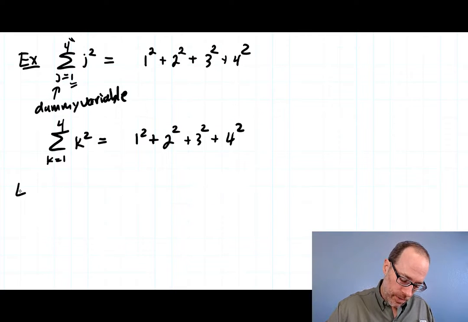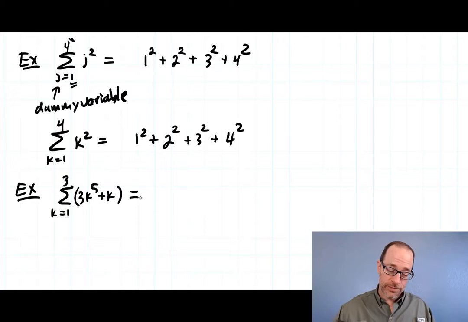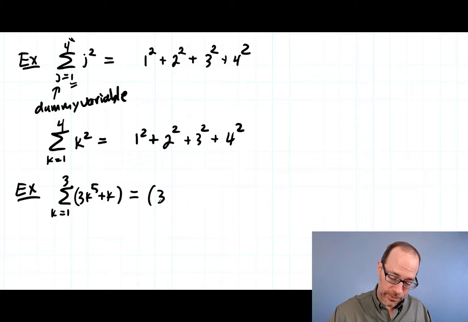Let's do another example. The sum of 3k to the 5th plus k, from k equals 1 up to 3. First we start with k equals 1, so that's 3 times 1 to the 5th plus 1.